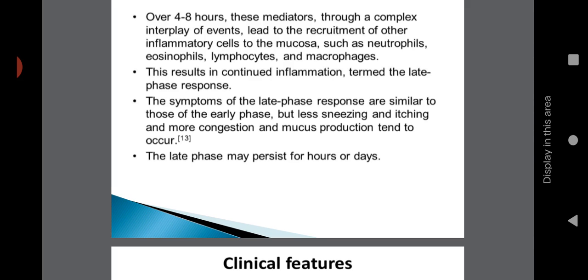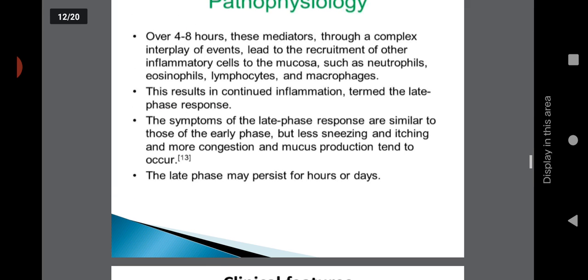The late phase may persist for hours or days. So this can happen in some people after the early or immediate reaction. Again, if the allergen is present in the nose, then after 4 to 8 hours a second reaction will occur. It is similar to the first reaction, but that much sneezing and itching will not be there; more congestion and mucus production will be there.